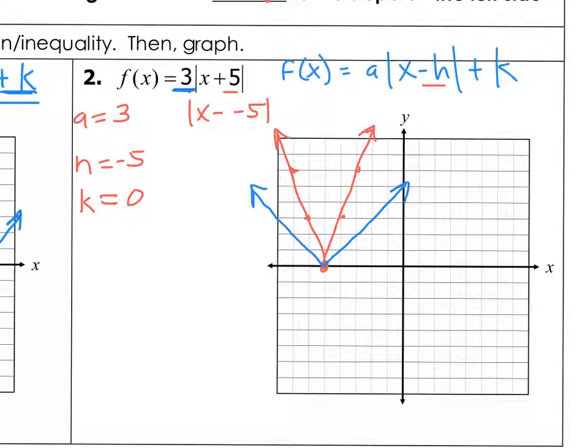So for every change in x, we have 3 changes in y. That's what that stands for, because remember, slope is the change in y divided by the change in x. And since y has changed 3 times for every 1 change in x, we have to rise more than we run, which gives us that vertical stretch.